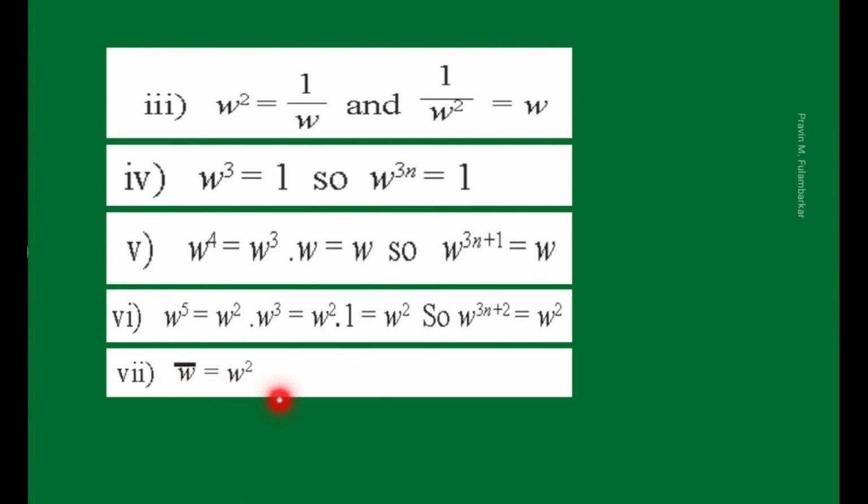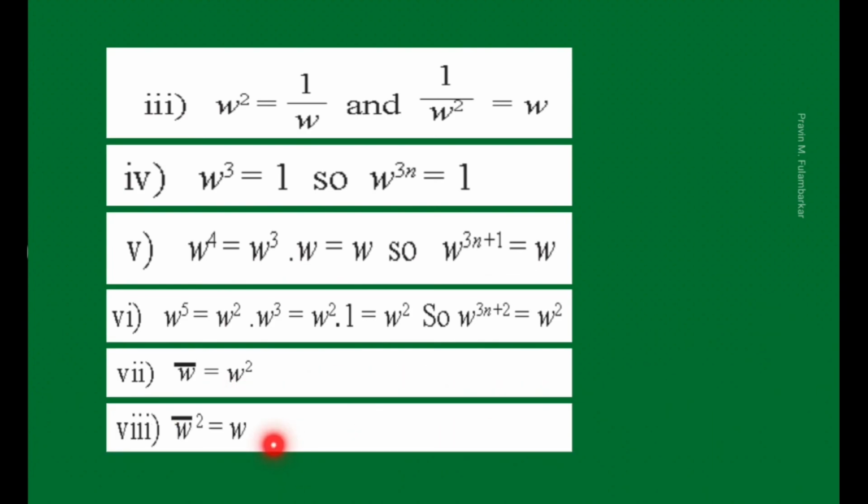Omega bar equals omega square. So when we take the conjugate, which we already saw in the last slide, when we write omega for (-1 + i√3)/2, we calculate its value in the form of the conjugate. So we write omega bar equals omega square, and when we take the square of omega, its conjugate square, we get omega.